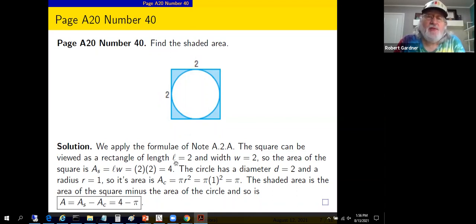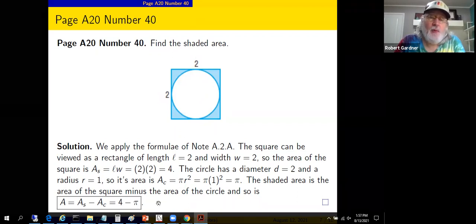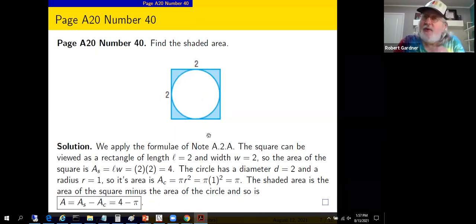So the area of that circle, let's denote it as A sub c, would be pi r squared, where r is 1, would simply be pi. So the area of the square is 4. The total area of the square includes the stuff inside the circle as well. That'd be 4, but we've removed pi from that. So the shaded area, in terms of the symbols I introduced, would be area of the square minus area of the circle, which is 4 minus pi. And that's the area of the blue region.